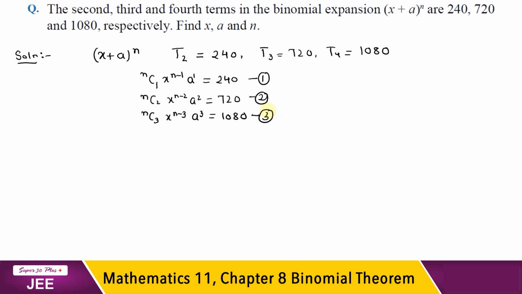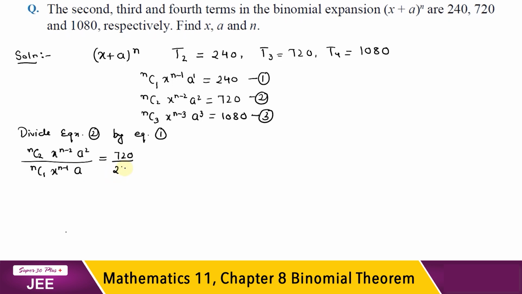So what I am going to do is divide equation number 2 by equation number 1 in order to get nC2 x^(n-2) a^2 divided by nC1 x^(n-1) a, and in RHS we are going to get 720 divided by 240.